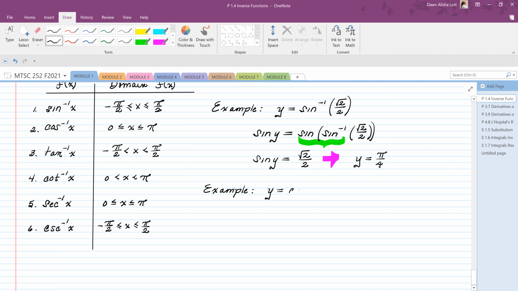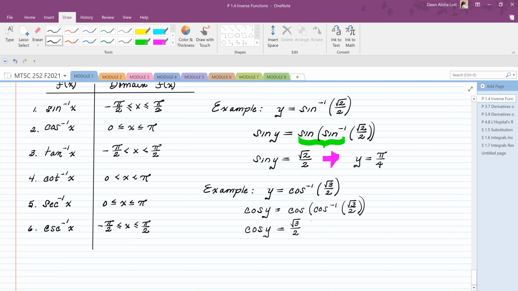Y is equal to cosine inverse of the root of 3 over 2. So therefore, the cosine of y is the cosine of the cosine inverse of root of 3 over 2. So that says the cosine of y is the square root of 3 over 2.